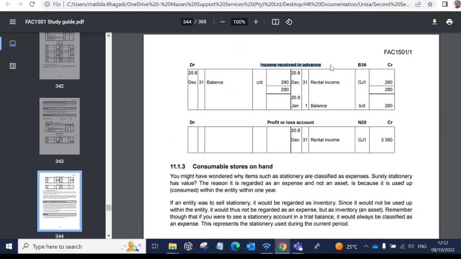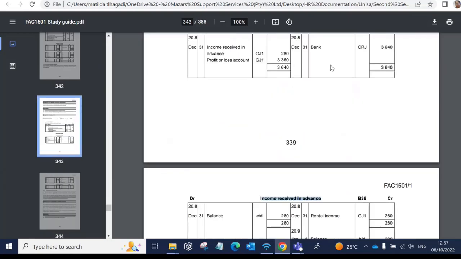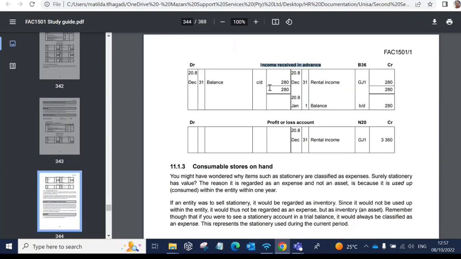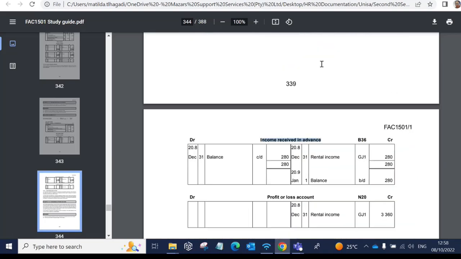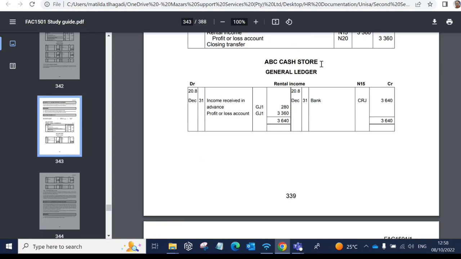I see. We're clearing this account now, and then the 280 will credit profit and loss, and we will clear the rental income account with the 280 in January.